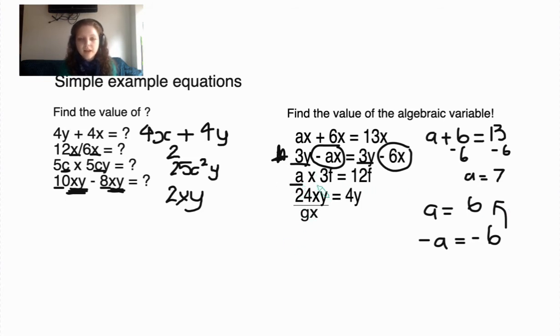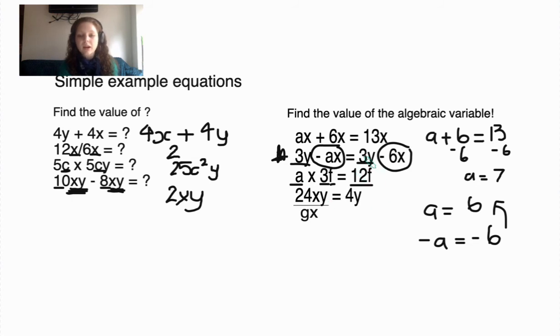You have a times 3f is equal to 12f. You can see that a does not have an f stored inside of it because the power of f is 1. There's just an f with no indices or operations to it. So you know that a is just a number.